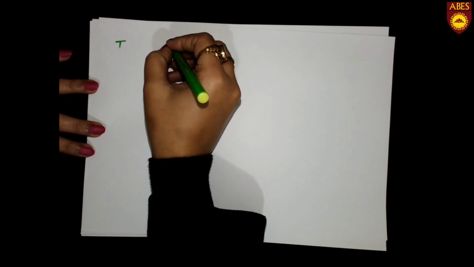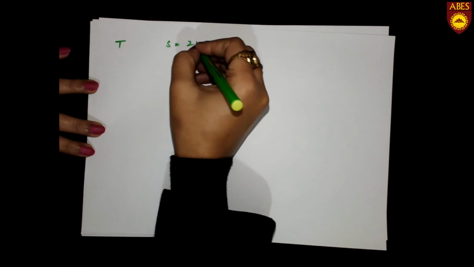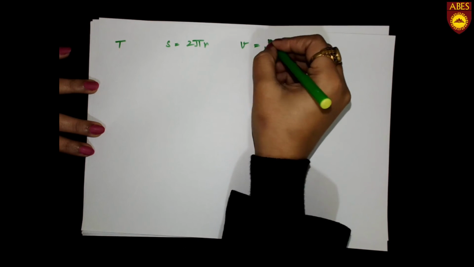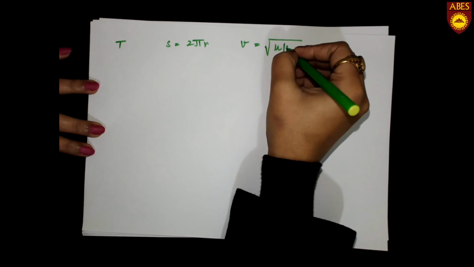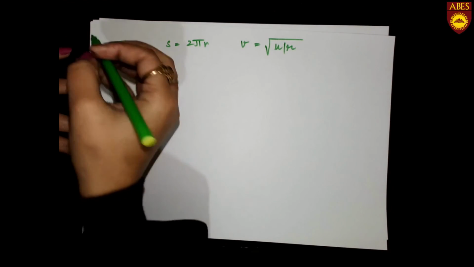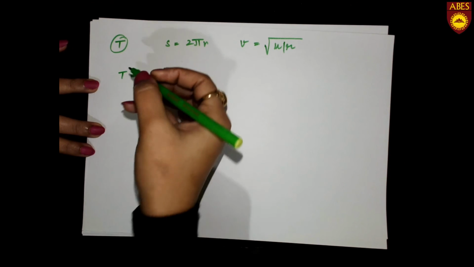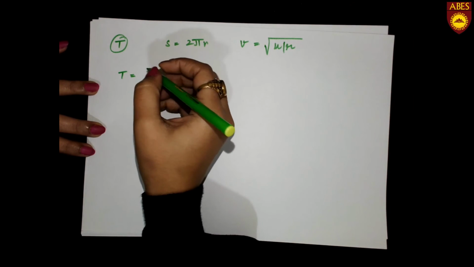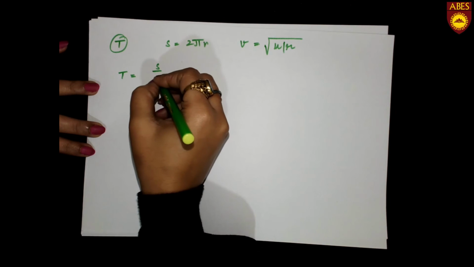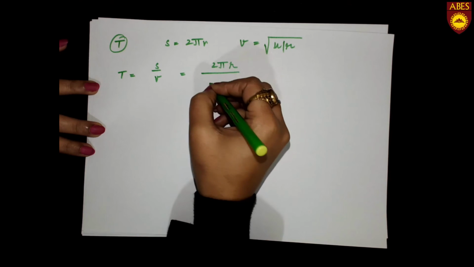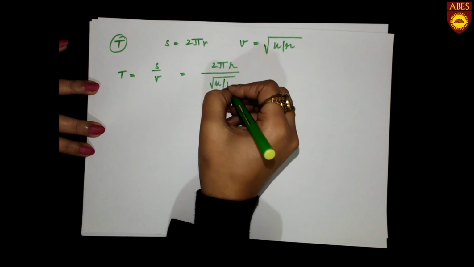Now time period is t, which we already know. Distance covered is the circumference of the circle, which is 2 pi r, and velocity is, as we have just derived, under root mu upon r. What we have to calculate is t. So t is equal to distance upon velocity. Let's give it a try. 2 pi r upon under root mu upon r.